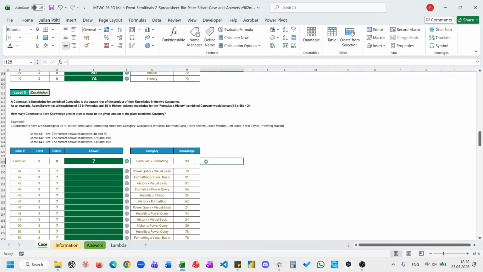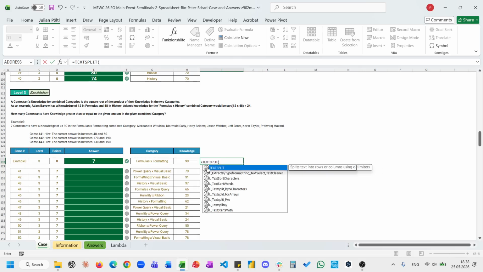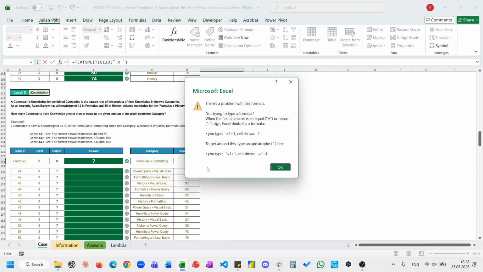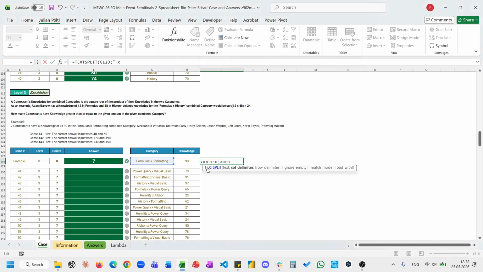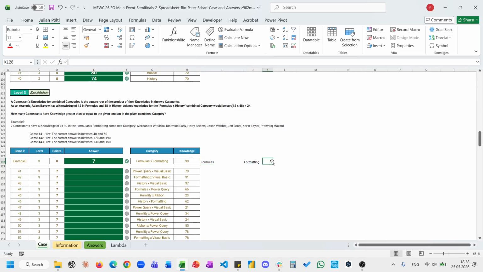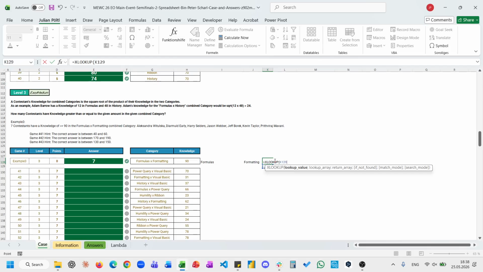And yeah, I first split this, text split by X to get the separate categories, and then I did an XLOOKUP for both separately.